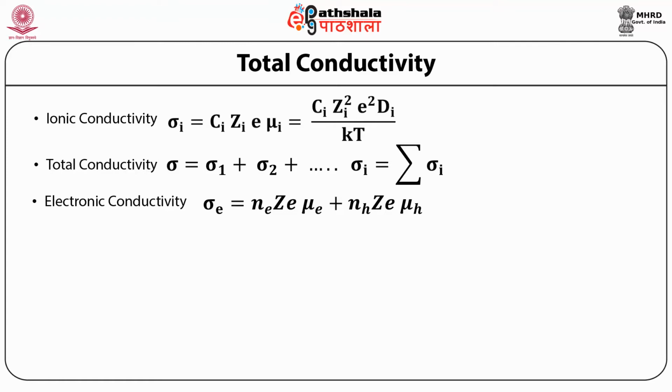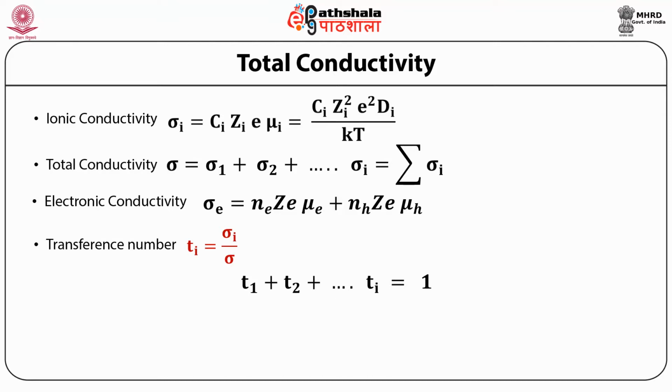The fraction of total conductivity carried by each charged species is called the transference number, t_i, and is expressed as t_i equals sigma_i divided by sigma, and it is straightforward to see that t_1 plus t_2 up to t_i is equal to 1.